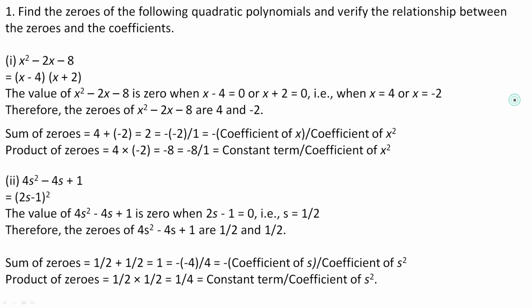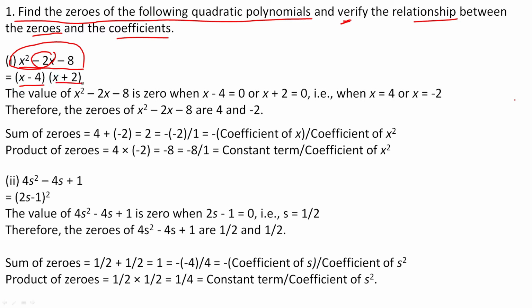Find the zeros of the following quadratic polynomial. Verify the relationship between zeros and the coefficients. For example, x square minus 2x minus 8 is a quadratic polynomial. In this quadratic polynomial, if you factorize by splitting the middle term minus 2x, you will get two factors, x minus 4 one factor and x plus 2 another factor.